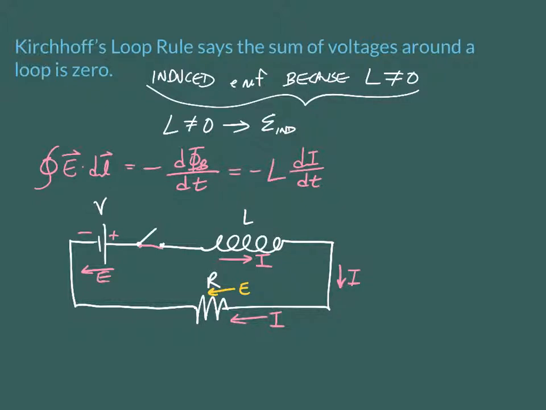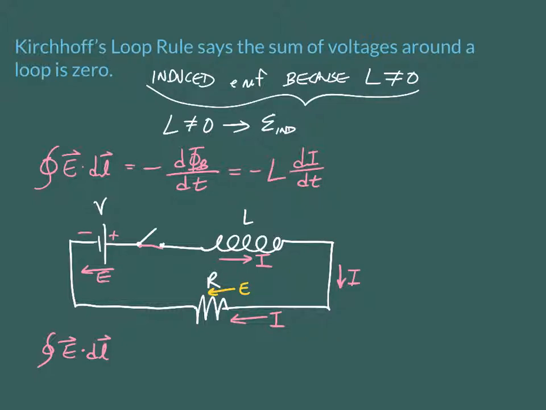So you would think, oh, I'll use Kirchhoff's loop rule. Well, I'm not going to use Kirchhoff's loop rule, because Faraday's loop rule is the right answer in this case. And so the sum of all of the voltage drops, remember, electric field is force per unit charge.